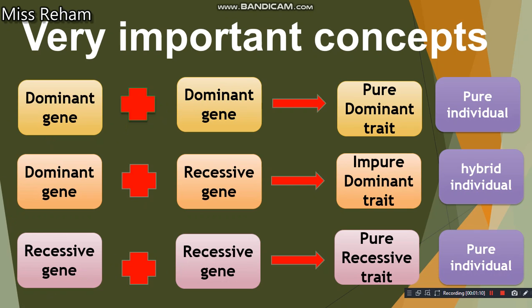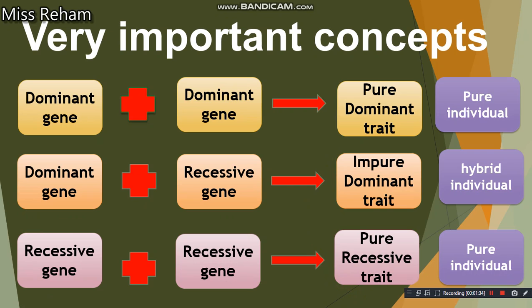So the pure dominant trait or recessive trait appears on the individual.